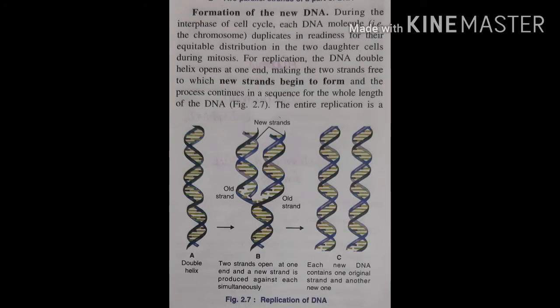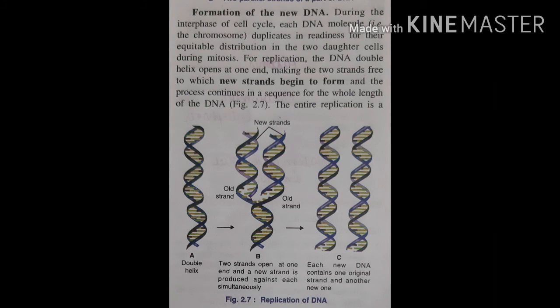Now next is formation of new DNA. That is, when we say the cell divides, the DNA replicates itself. So for replication or formation of new DNA, the strands will first open, as you can see here in the diagram. The strand will unwind itself, and each single strand will give rise to its complementary strand, forming two new strands from a single parent DNA strand.